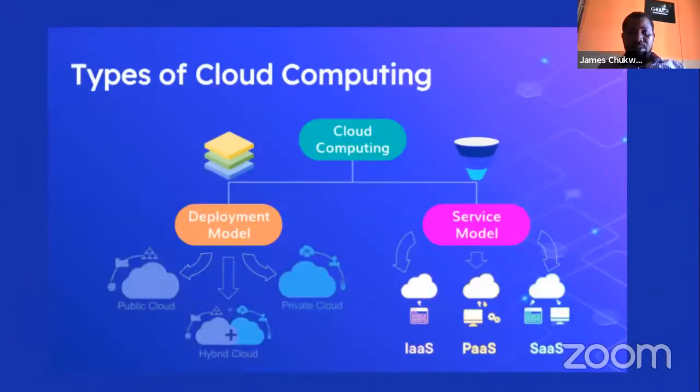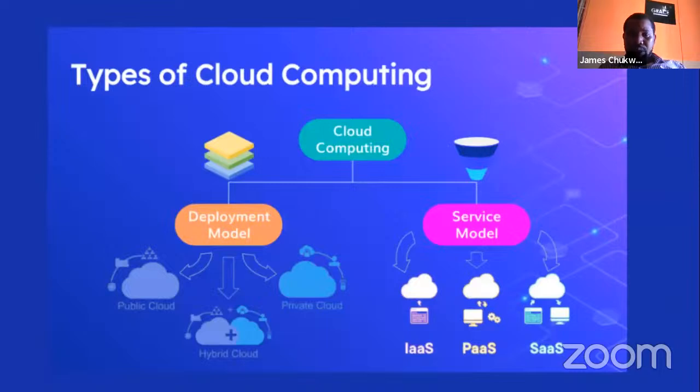Let's move on to types of cloud computing. We're looking at it from two different perspectives: the deployment model and the service model.